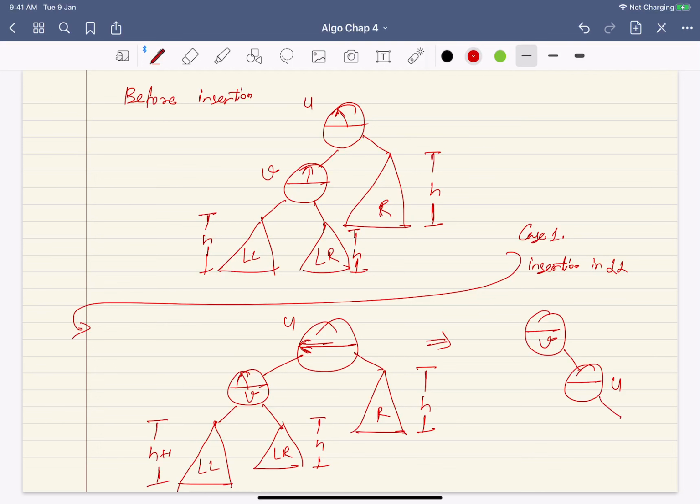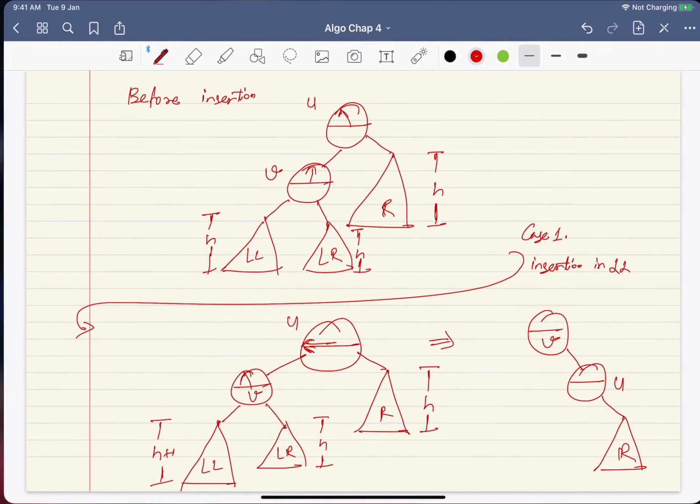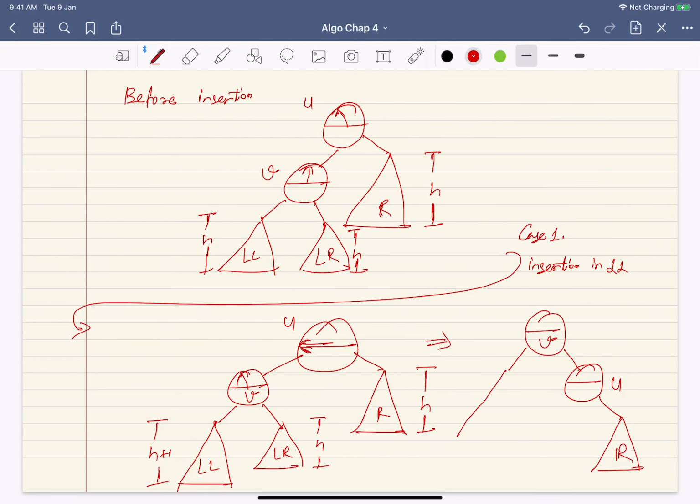U has its right subtree intact, V has its LL intact, and LR attaches to U. LR and R have the same height, so U will have a balance factor of 0. V will have h plus 1 and h plus 1, so it will be balanced.